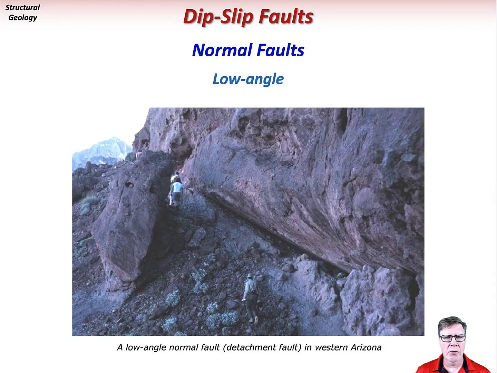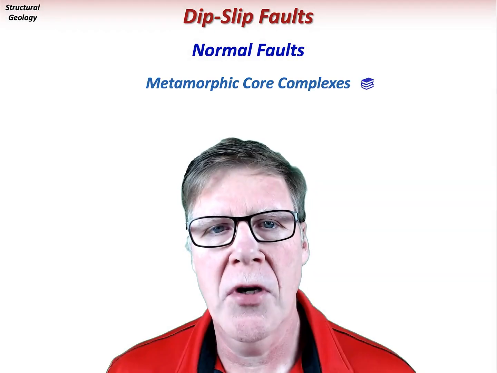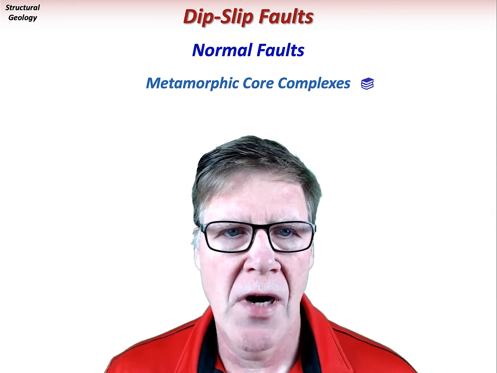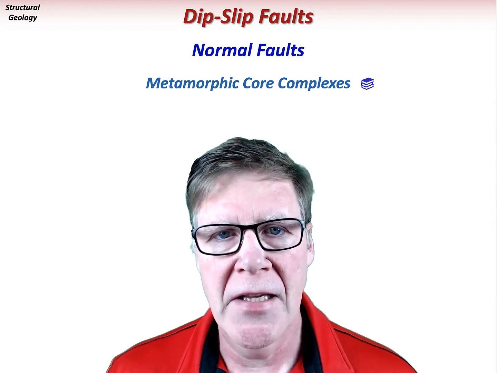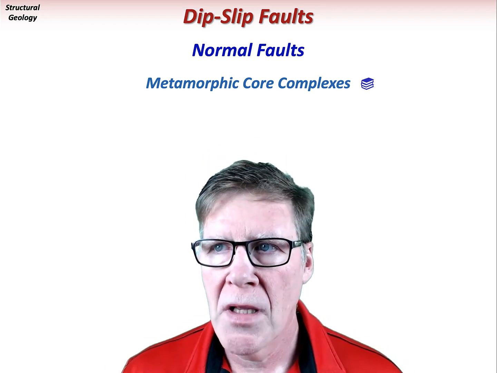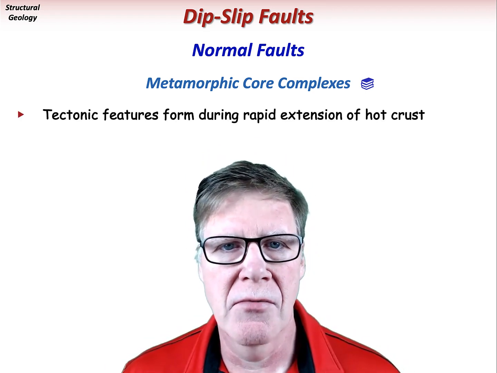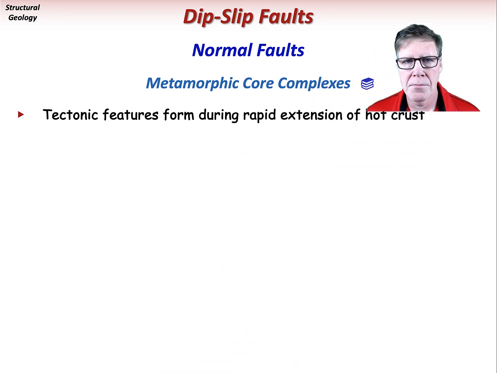This is a low-angle normal fault, or detachment fault, exposed in the Buckskin Rawhide Mountains of western Arizona. Metamorphic core complexes are large extensional features, first described relatively recently, in the early 1980s. These tectonic structures form during rapid crustal extension of relatively hot crust.